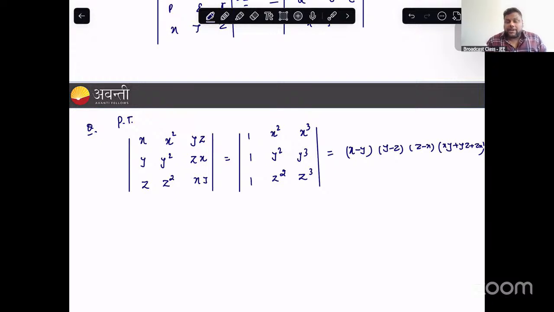Yes. How will you try it? First of all, how to convert from first determinant to second determinant?